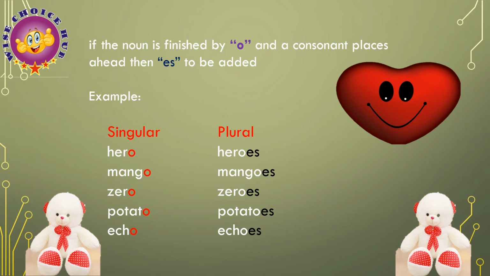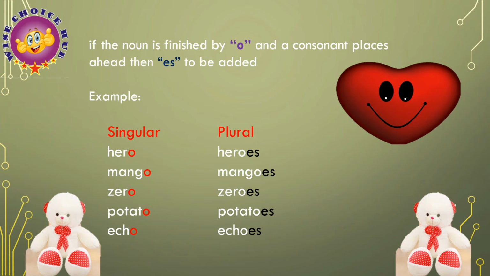And O is a vowel. Now, what is the letter that is before the vowel? It is R, and R is a consonant. So I am going to add ES at the end of the word hero and make it plural. So it goes on with mango, mangoes, zero, zeros, potato, potatoes.